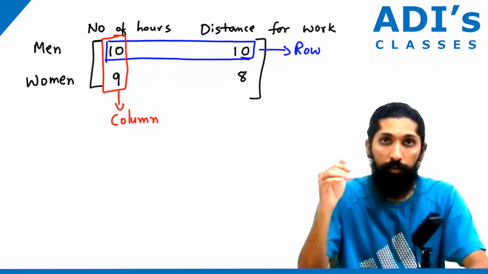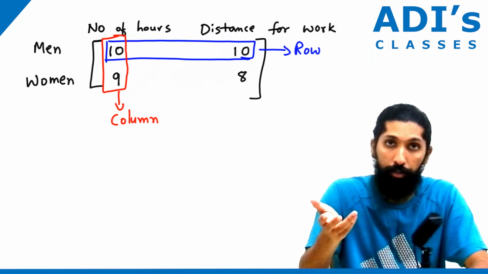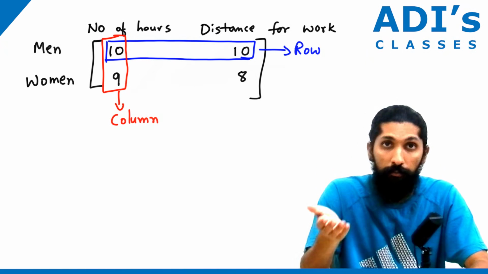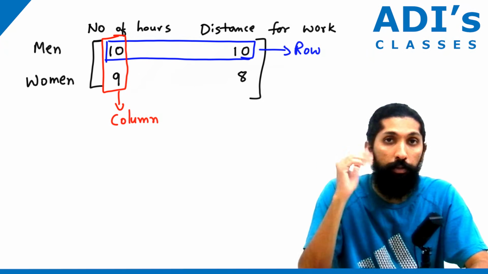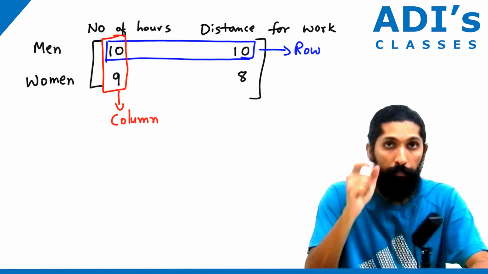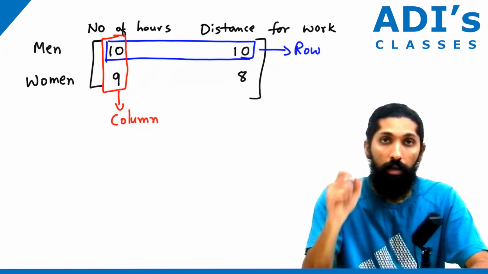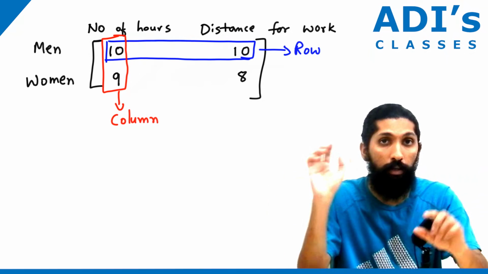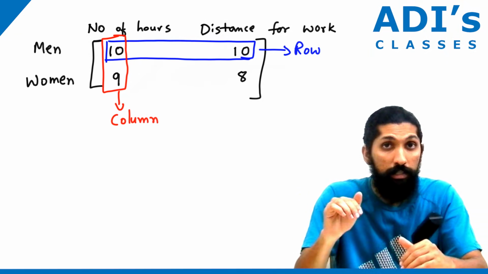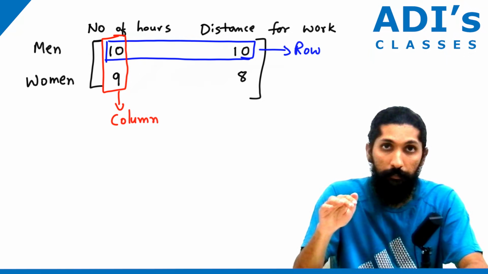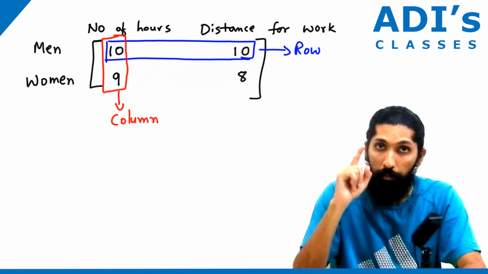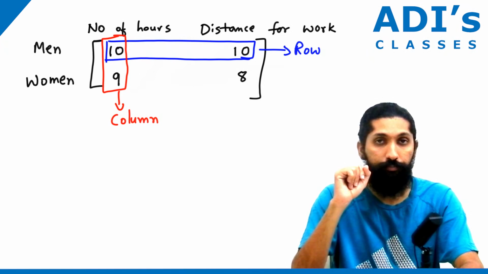Apart from that, a very effective practical example is in computer science, where there is a topic called array. An array is nothing but a set of numbers. Arrays are basically matrices, one type of matrix. So in computer science, we use matrices.